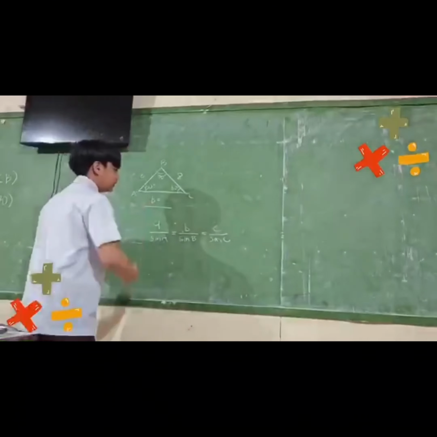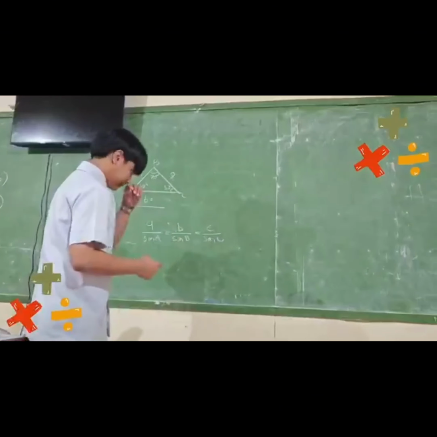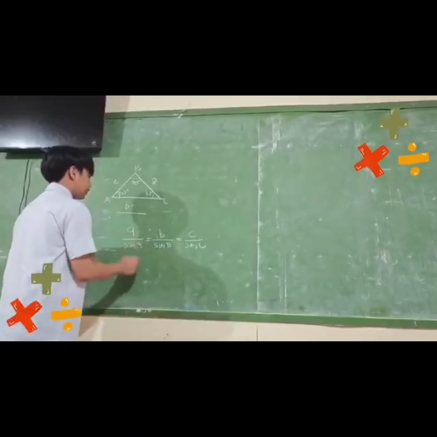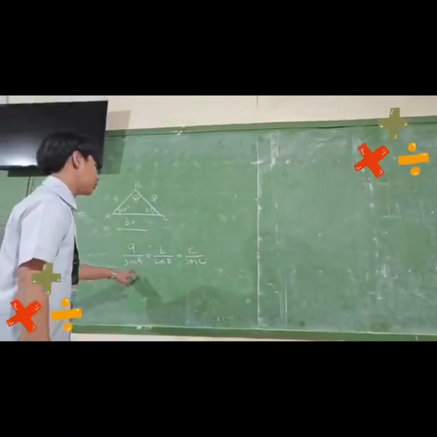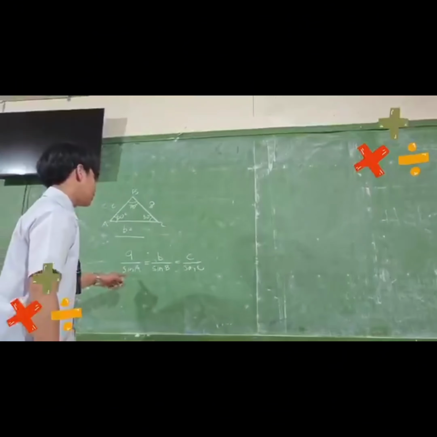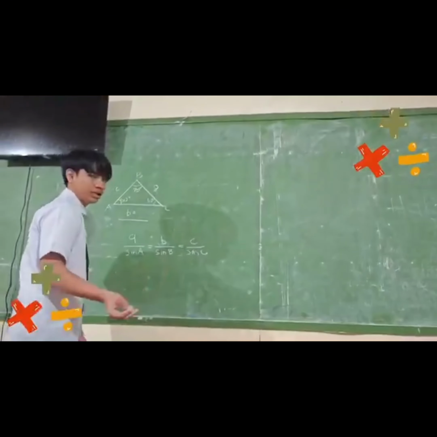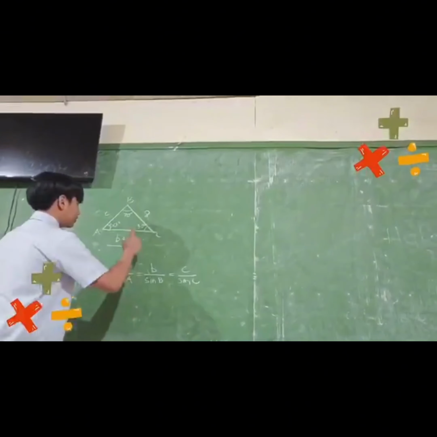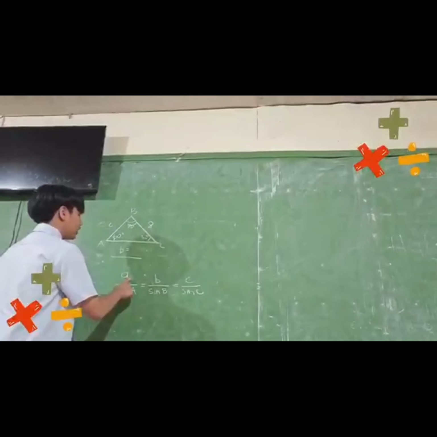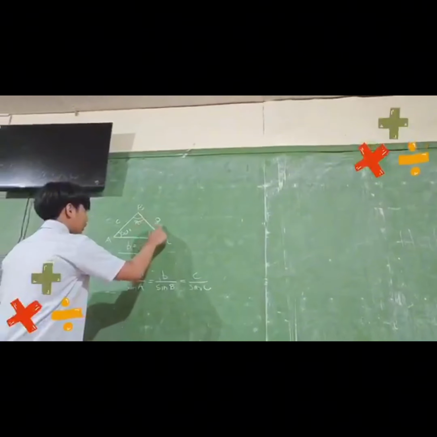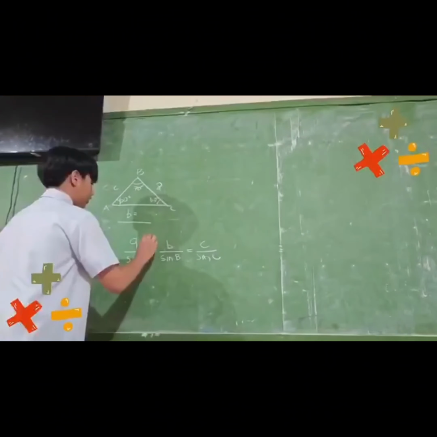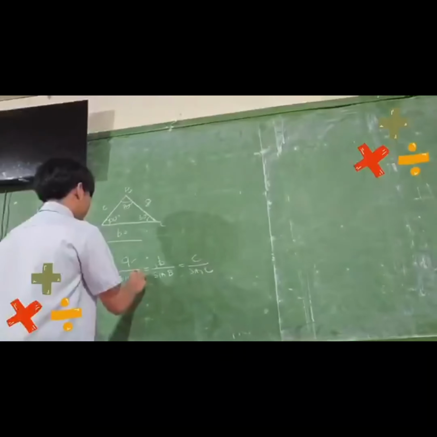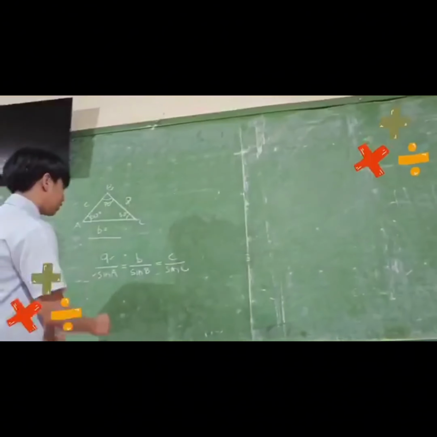So we're going to find B first. But before we find B, we need to look at which equation has the complete numbers or measurements. First, let's substitute A. A is 8 and its angle is 60, so these two are complete already.